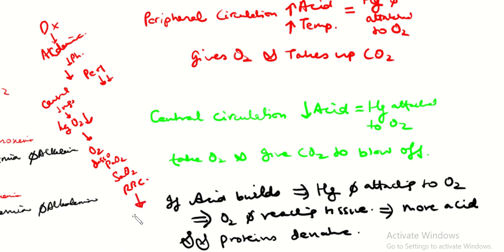Which means my cells are not going to get oxygen, which means what? They're going to continue to do what? Anaerobic respiration. We don't want that. That's going to continue to build up more and more acid, and proteins are going to denature.